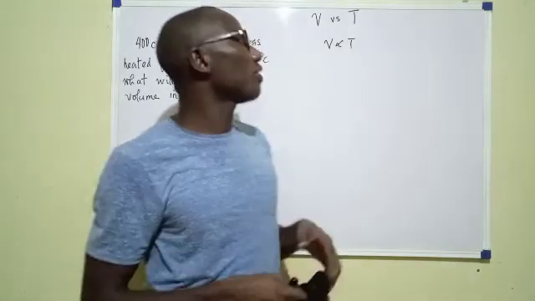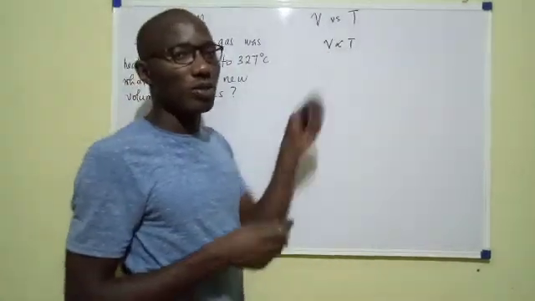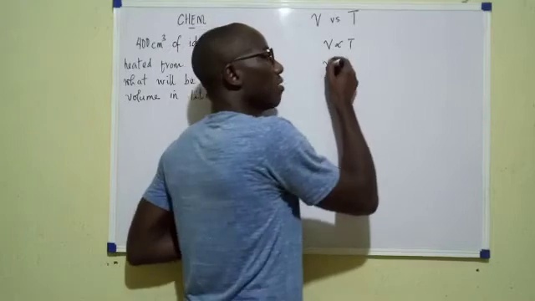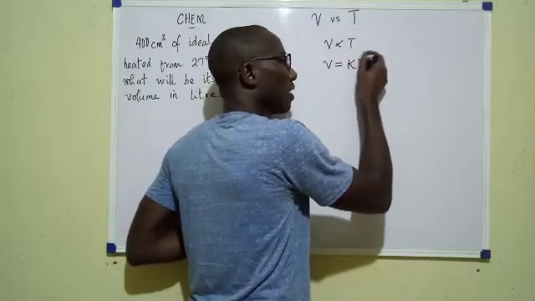Now, in a case where we were to introduce a constant into an expression like this, the typical thing you see is V equals KT.